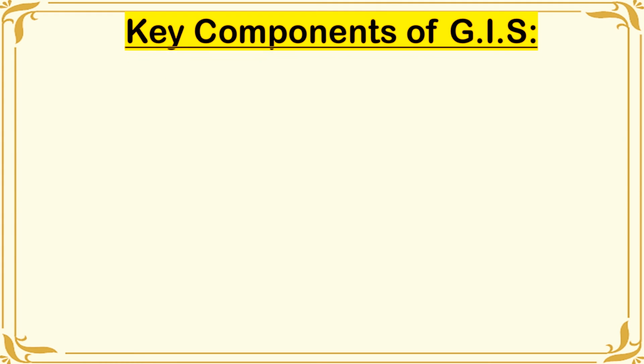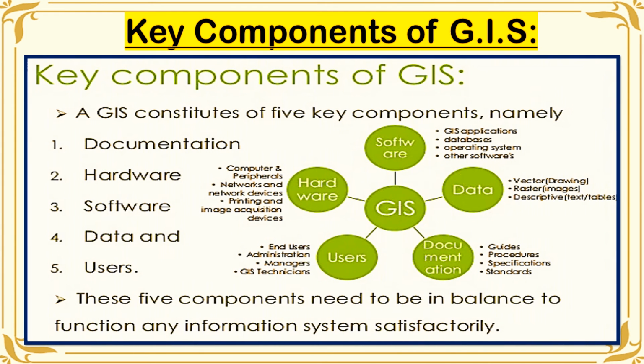Now class, there are key components of GIS. A GIS consists of 5 components, namely documentation, hardware, software, data, and users. These 5 components need to be in balance to function as an information system satisfactorily. Software: GIS applications, databases, operating system, other software.